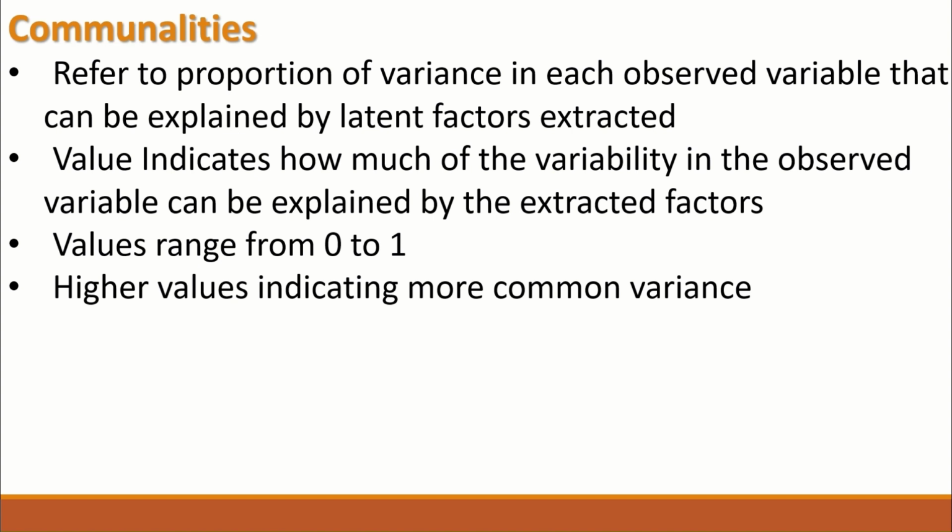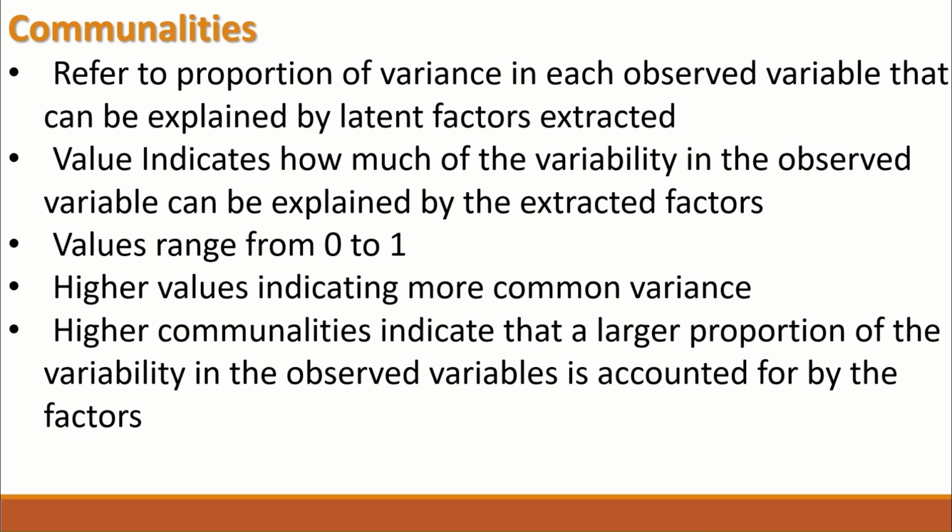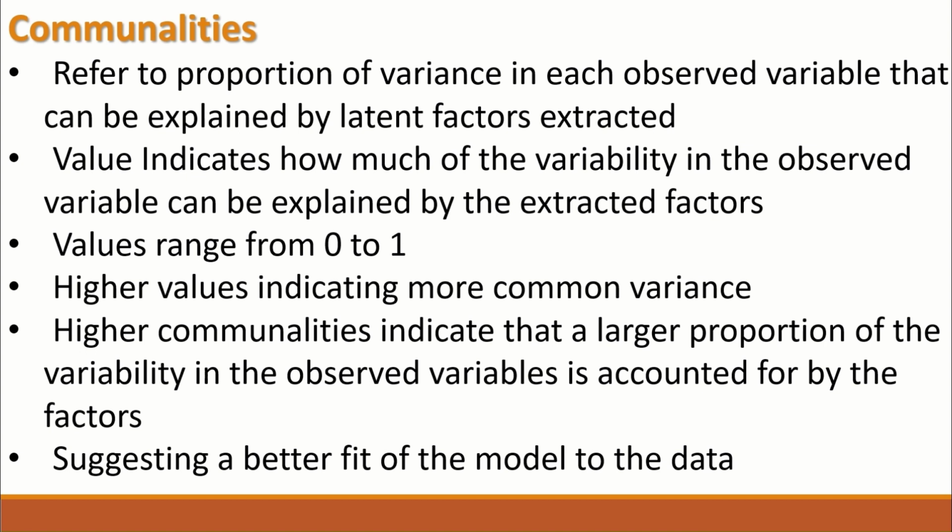Higher values indicating more common variance. Higher communalities indicate that a larger proportion of the variability in the observed variable is accounted by the factors, and this suggests better fitting of the model to the data.